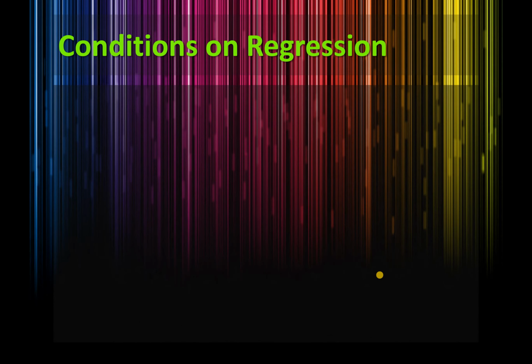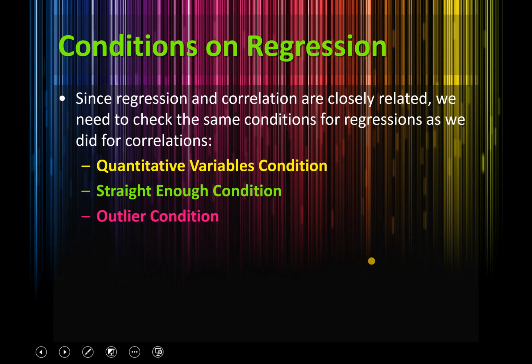Now, in order to do regression, we can't just do it any old time. So it's kind of interesting how it cycles back through itself for these conditions. The main conditions still carry over from what we needed to do any type of correlation. And that is that the variables themselves have to be quantitative. There's your quantitative variable condition.